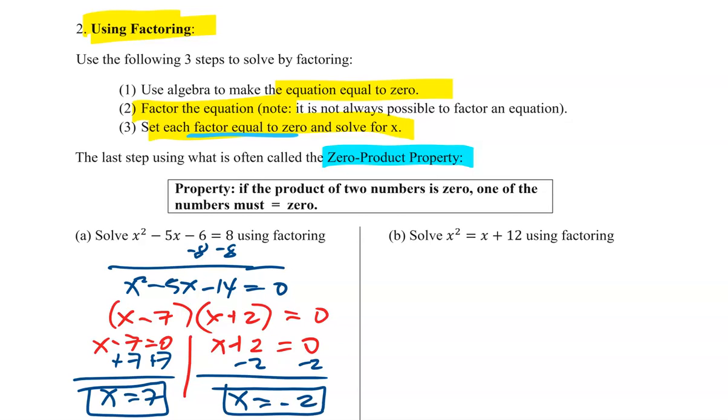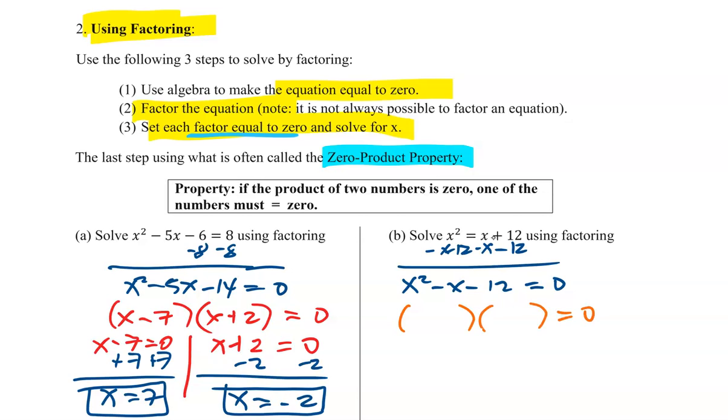Next one, letter B, solve x squared is equal to x plus 12 using factoring. The first step, make the equation equal to 0. So let's subtract x and subtract 12 both sides, so that it will be x squared minus x minus 12 is equal to 0. Then find the factors. X squared, x and x, negative 12, negative 4 and positive 3.